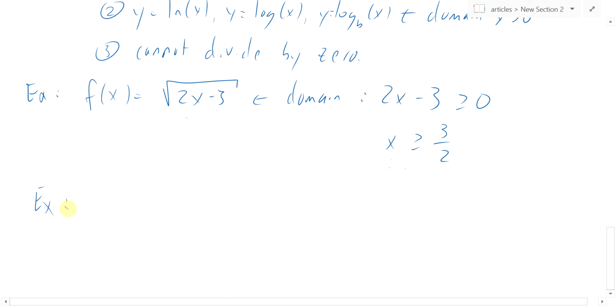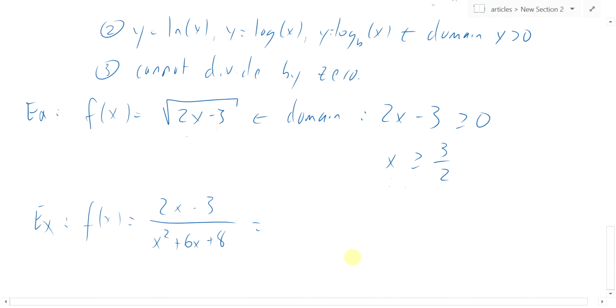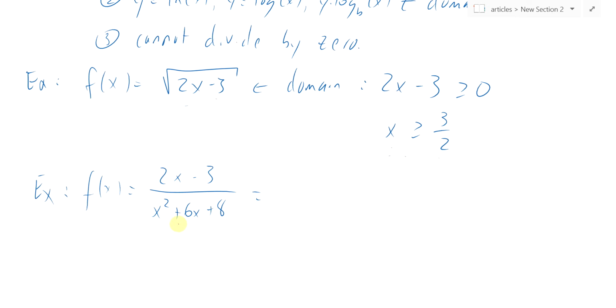Another example, suppose we have a function. Well, we'll stick with the 2x minus 3, but we'll put x squared plus 6x plus 8 in the denominator. 2x minus 3 by itself, no problems there, right? It's not a logarithm, it's not a square root, it's not in the denominator. The x squared plus 6x plus 8, though, that is a problem.